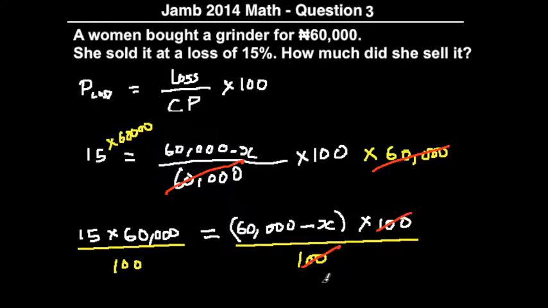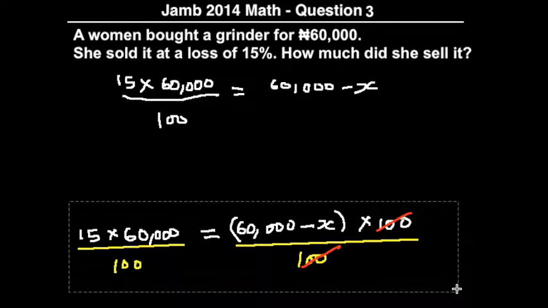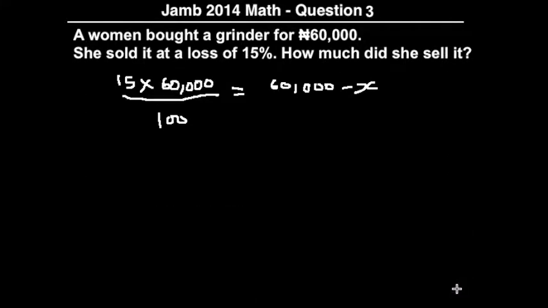So now all we have to do is subtract 60,000 from both sides of the equation. We are left with 15 times 60,000 divided by 100 being equal to 60,000 minus x.